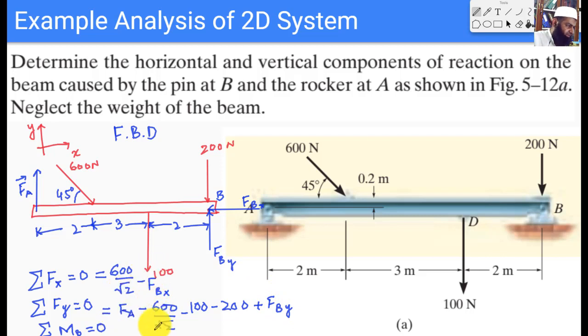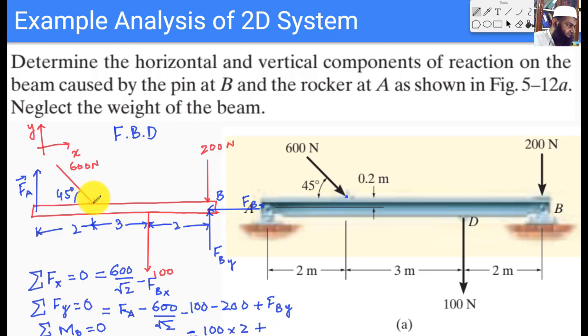So we have these two equations, and the last equation again is just the moments equation. The first moment would be because of this 100 Newton force, and this would be counterclockwise, so I am going to write it as positive. The second would be the force. Again you see that there is a 0.2 meter difference at the action of this force here.